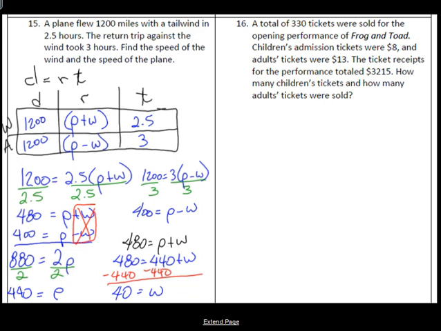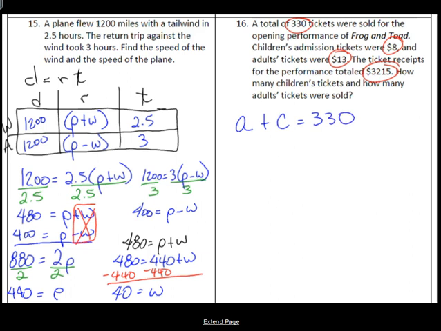Problem 16. A total of 330 tickets were sold for an opening performance of The Frog and the Toad. Children's admission was $8. Adult tickets were $13. The ticket receipts for the performance were $3,215. So here's our information we need. I know that if I add the adults plus the children, I have to have 330 tickets.